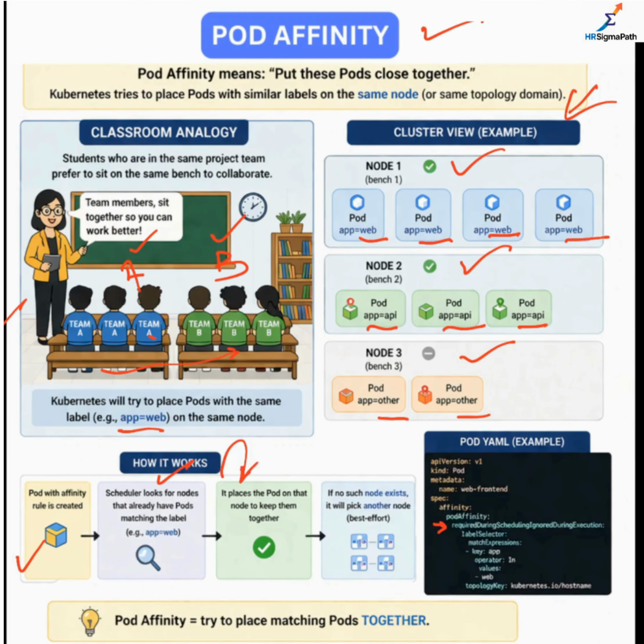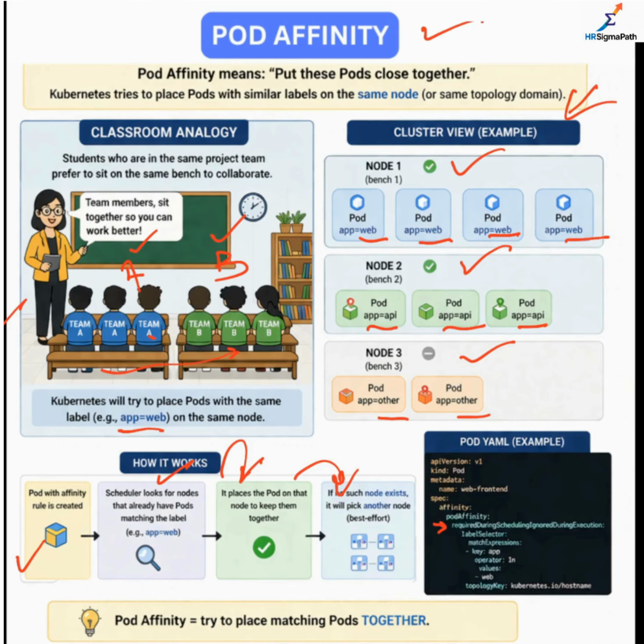If it finds a matching node, then it places the new pod there, keeping them together with that particular label. If there is no such node found, then Kubernetes will still run the pod on another node. So this is called a best effort approach here.